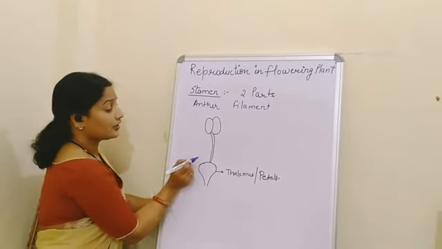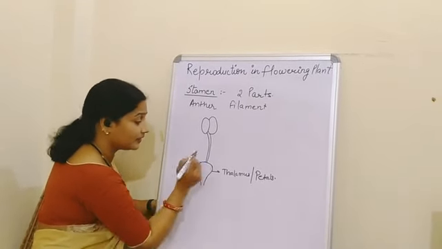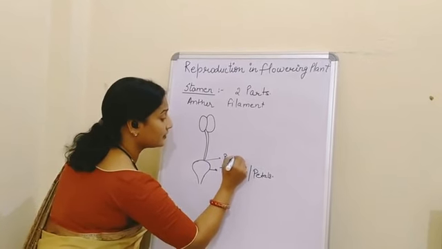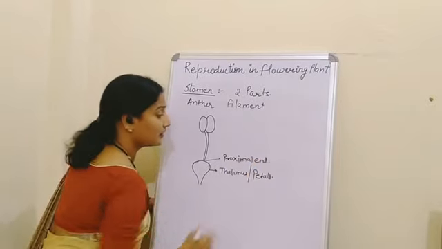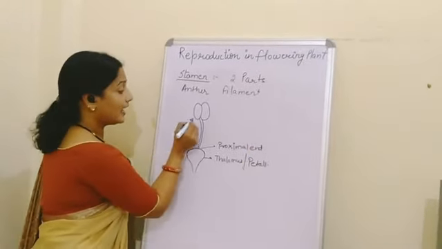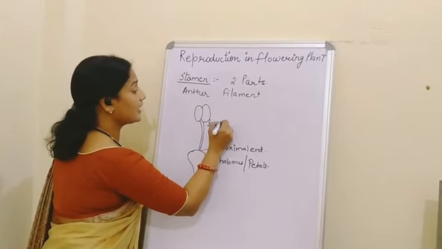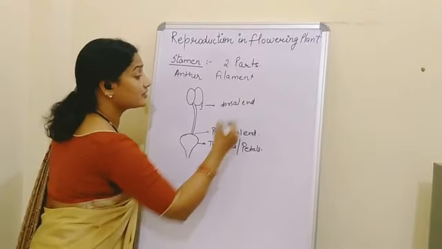The end through which it is connected to the thalamus or petal is called the proximal end. See this carefully, children. And the end at which it is attached to the anther is called the dorsal end or dorsal side.